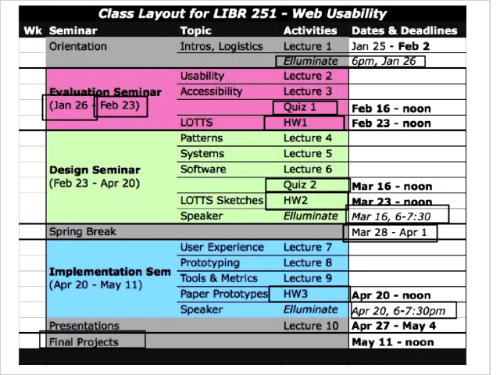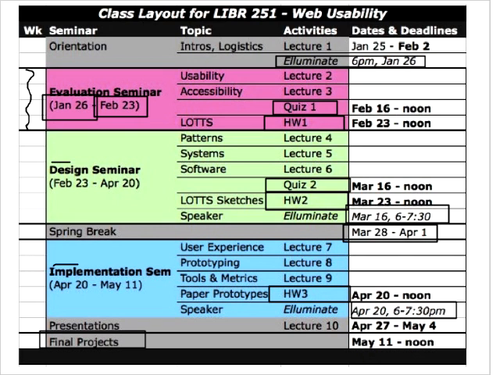There are 3 seminars here in the class, going from January 26th through February 23rd, through April 20th, and through May 11th. In each of those 3 seminars, people are going to be talking about what's happening in the lectures, and you can see the readings for the lectures in the course. During that period, the evaluation seminar leaders are going to be doing things a little bit different from folks in the other 2 sections.